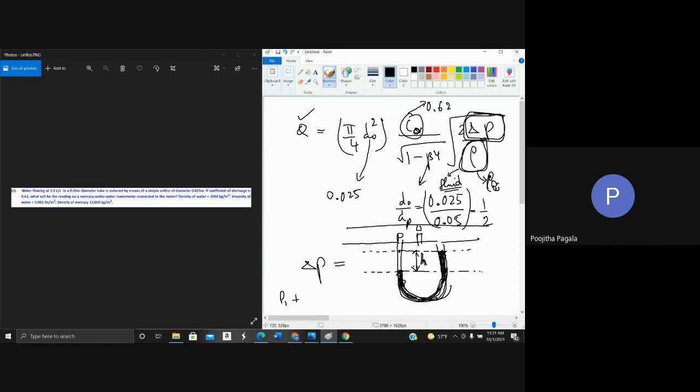P1 plus, what is this height? h. Rho water into g into h should be equal to, what is the pressure here? P2. P2 plus, what is all this? Mercury. So mercury's rho g h. So from here you will get P1 minus P2 is equal to gh into rho mercury minus rho water. So your delta P is equal to gh into rho mercury minus rho water.